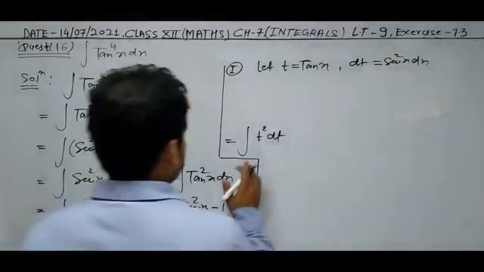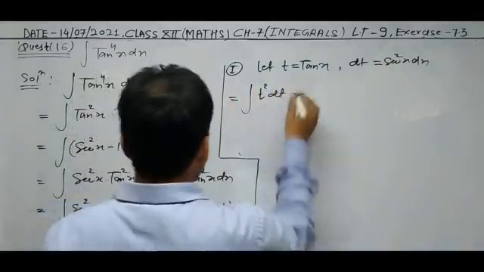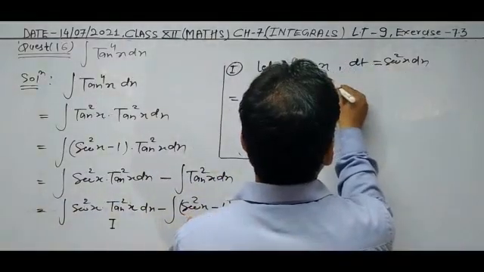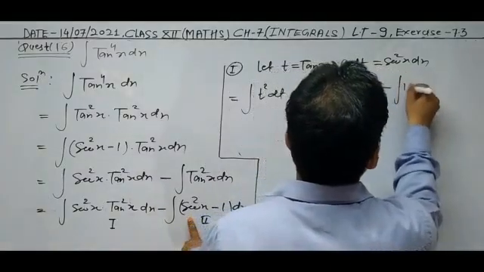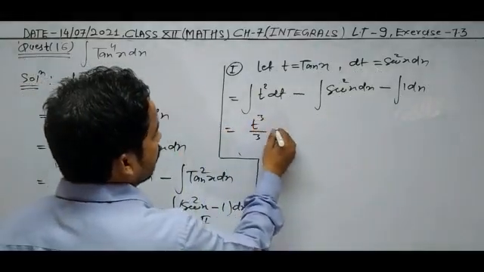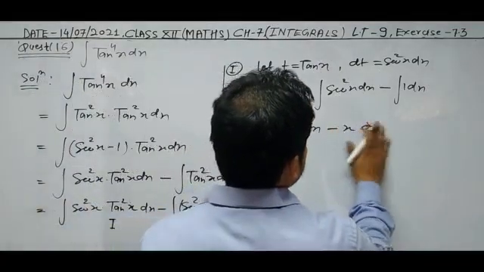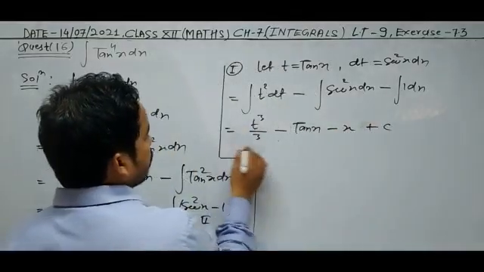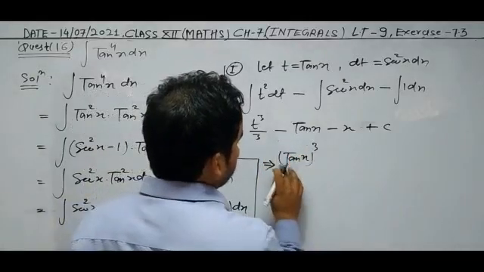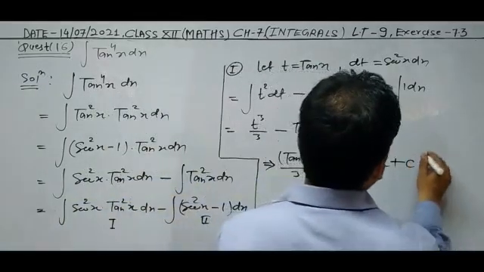Now I have to write here integration over t square dt minus second part, in second integral part the first term is sec square x dx minus 1 dx, and t you know its integration is t cube by 3 minus integration over sec square x, that is tan x minus 1 dx x, and now plus c, and t value you know that is tan x power 3 by 3 minus tan x minus x plus c.